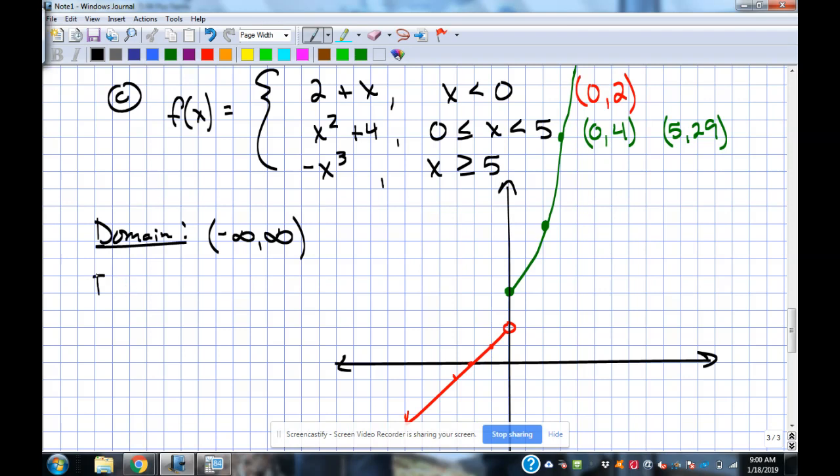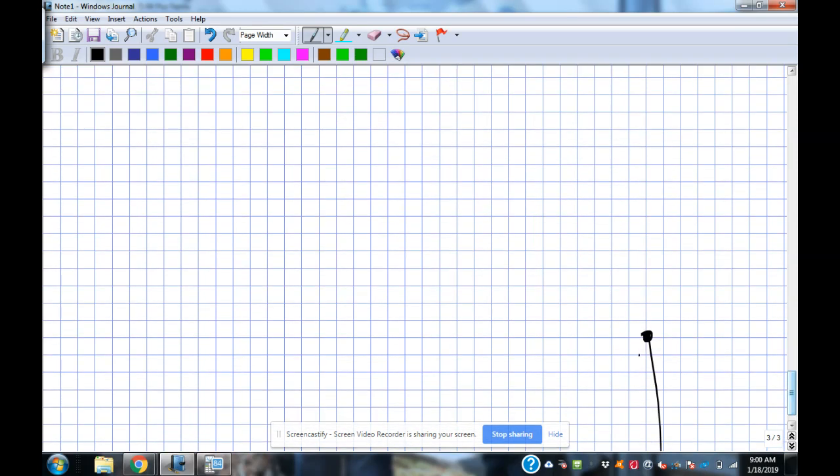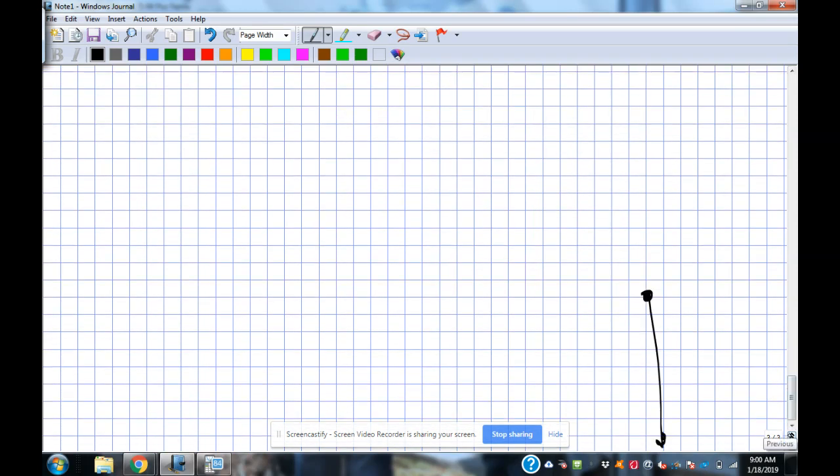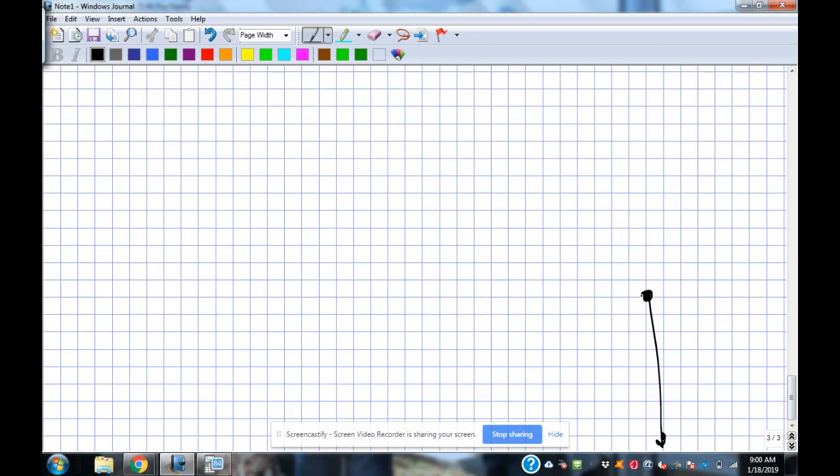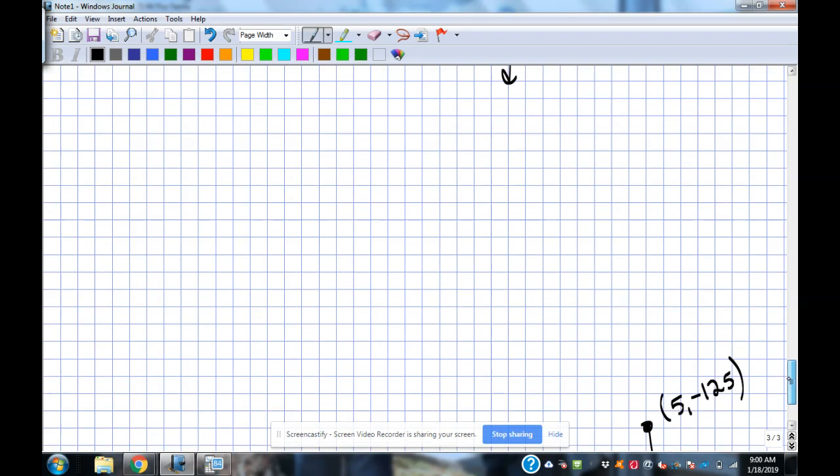And then range. Again, we're reading from bottom to top, so we know that this piece down here continues toward negative infinity. And then it gets to this point. What is that point again? 5, negative 125. That's what that point is.